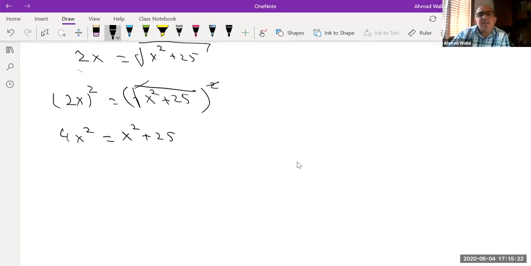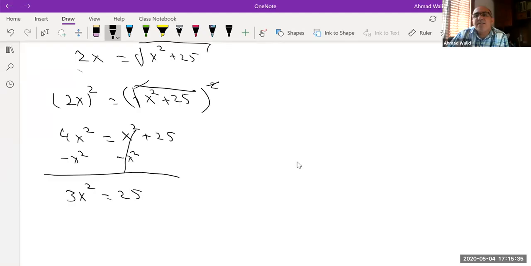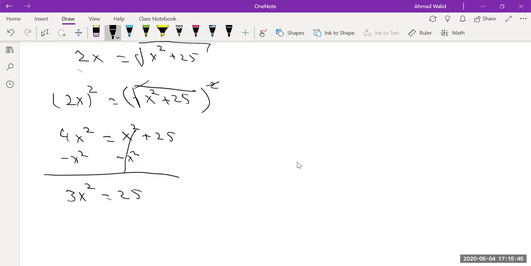Move the x squared to the other side, subtract x squared from both sides. It gives you 3x squared equals 25. What is the next step? Square root or divide? Which one comes first? Should I take the square root immediately or divide? Divide first. Excellent.